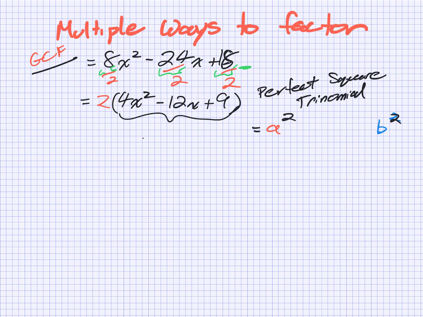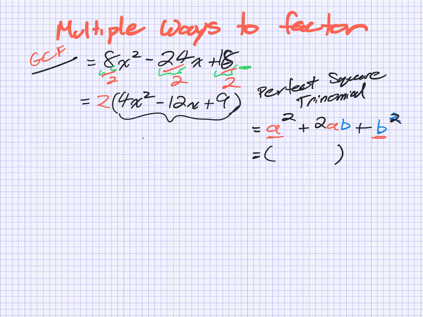And then the middle term happens to be the square root of the first term times the square root of the second term times the number 2. That seems like a lot, but we're going to run through this scenario. When it is a perfect square trinomial, a really easy way to get the factored form is to just take the square root of the first and last terms and put them inside a set of brackets.